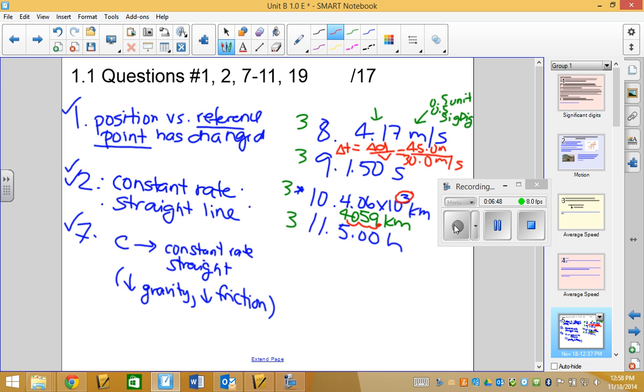So I ended up doing 45 divided by 30, and that's how I got 1.5. I added the extra zeros so that I had 3 significant digits. So on my calculator, it would have just said 1.5, and I added the 0 to have the correct number of significant digits. Would anyone else like to ask about any of the other calculation questions or this one?